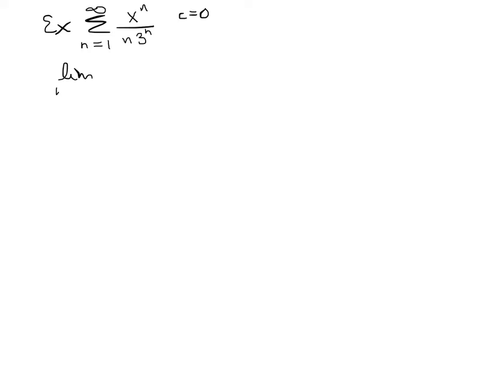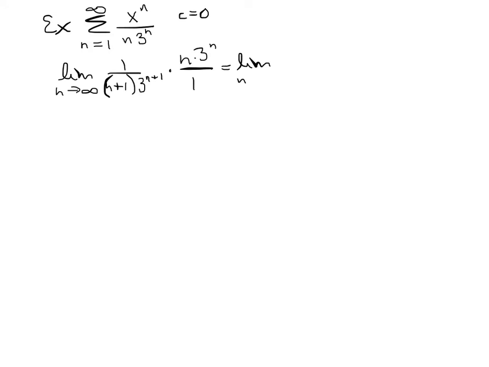Using the ratio test on everything that doesn't have x's in it, I plug in n plus 1 and multiply by the reciprocal when I just have n in there.